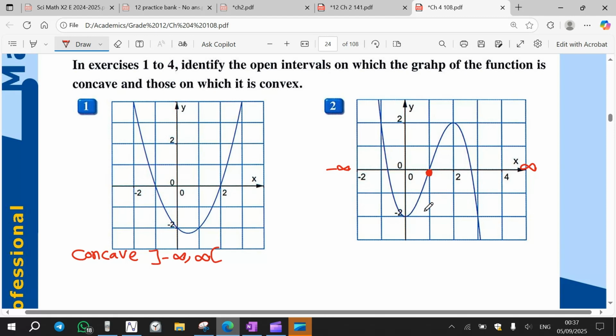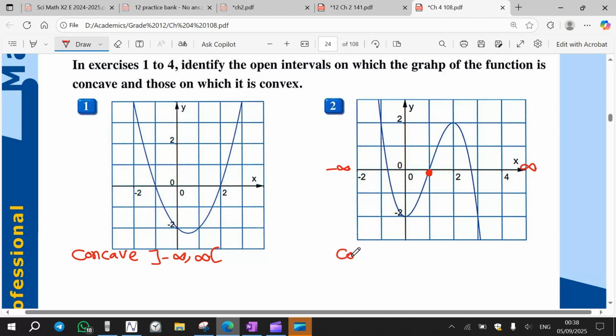Remember, we always write x in the intervals, we never write y. I never write -2. In the multiple choices, there is definitely a choice that contains -2. It is a good number, it's the y-intercept, but I don't need to write y in the intervals, only x.